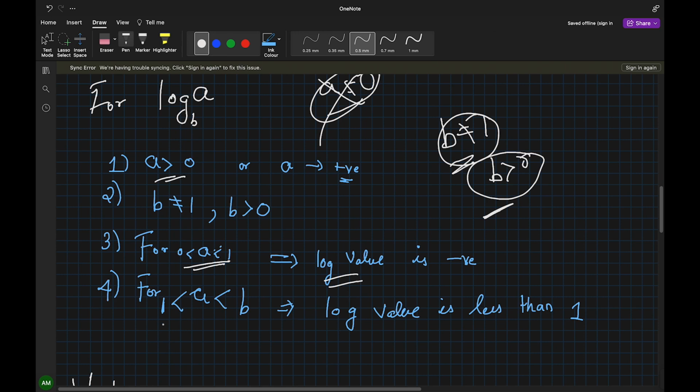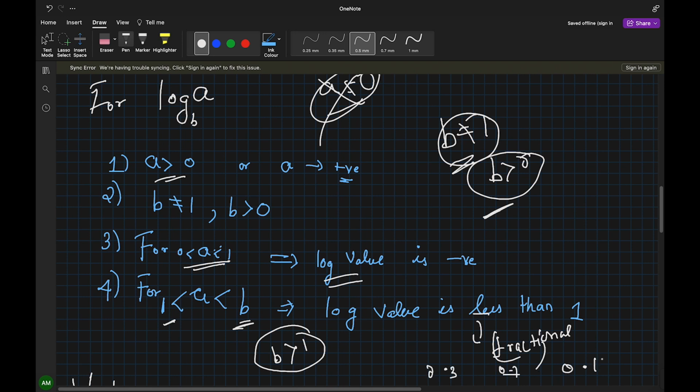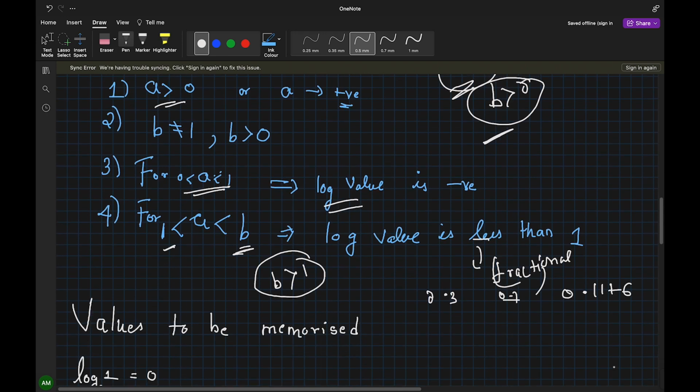Now, for a lies between 1 to that base, of course, this is for b greater than 1, the log value will be fractional, less than 1, which is what? 0.3, 0.7, 0.11876, something random. Clear? Okay.